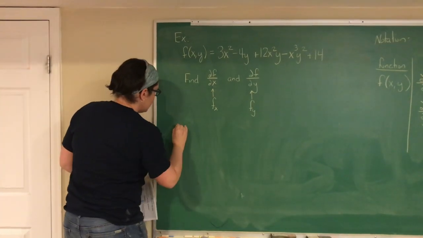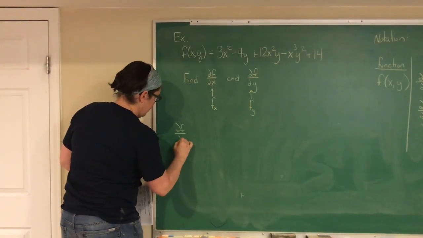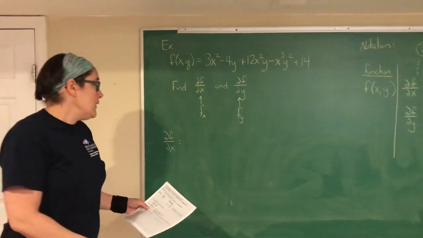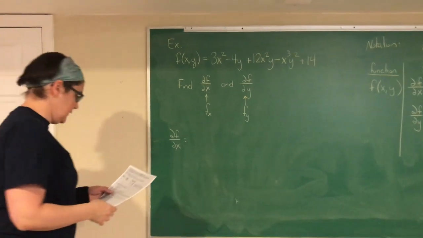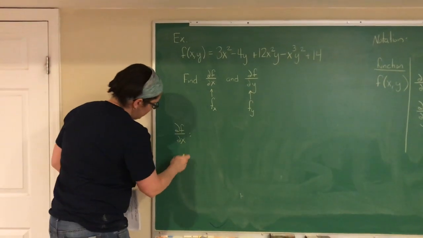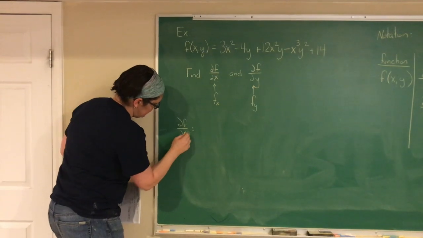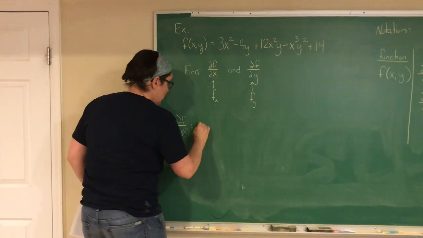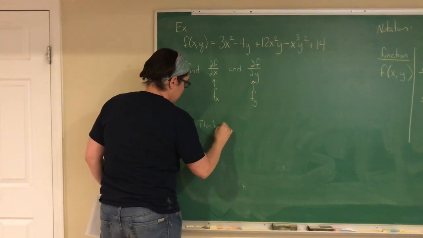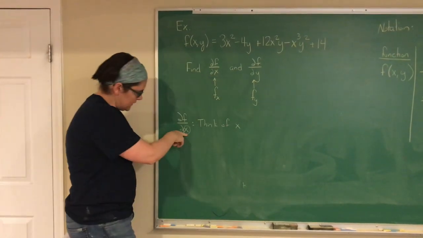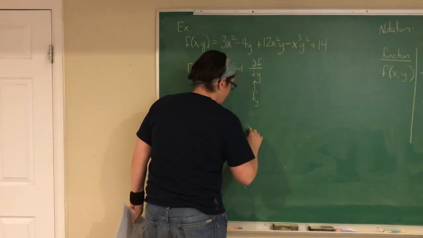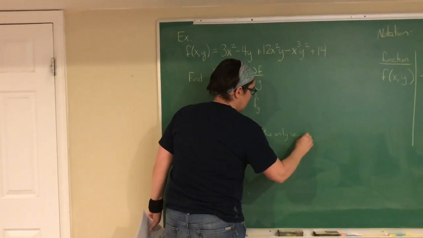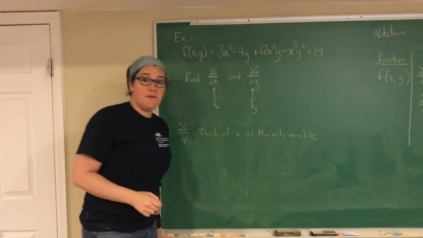Okay, so let's start with our partial derivative of f with respect to x. And so we want to think about how we're going to calculate this partial derivative. The thing I want to look at is the variable that's in the denominator. In this case, that's an x. What I want to think about is x, the letter in the bottom, as the only variable in this function.